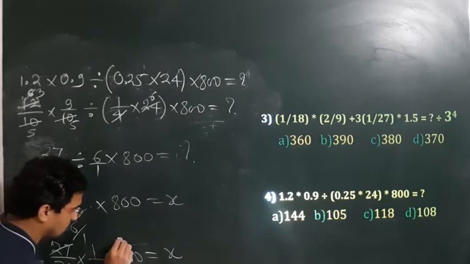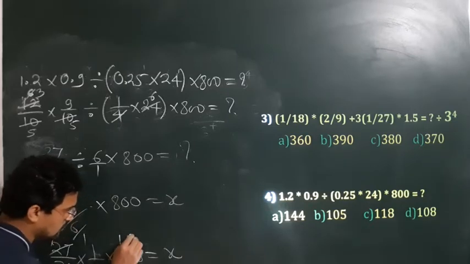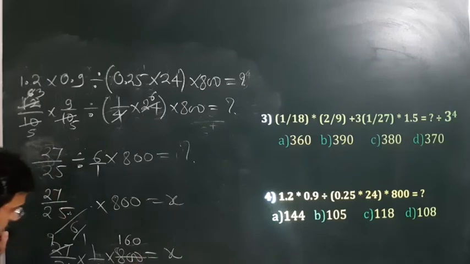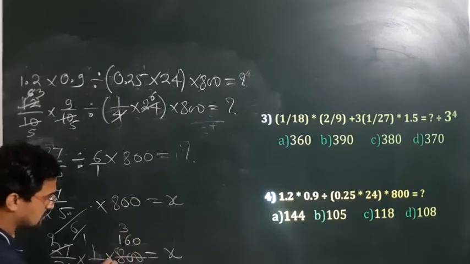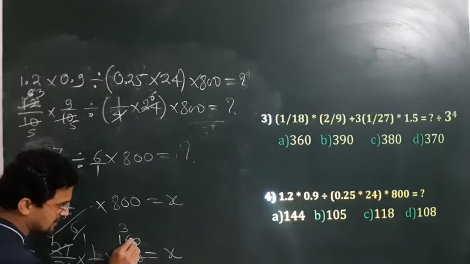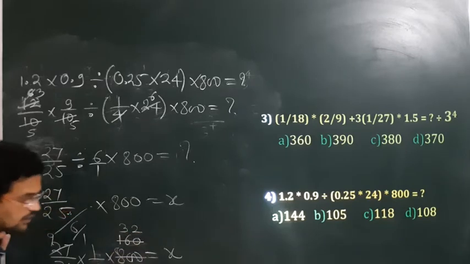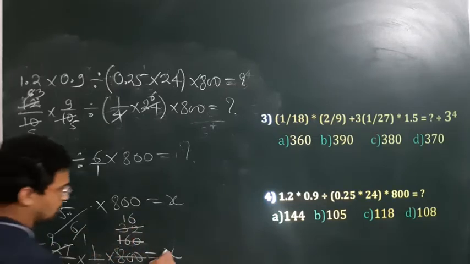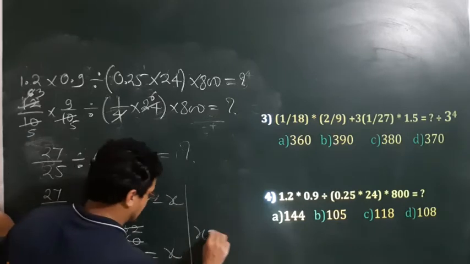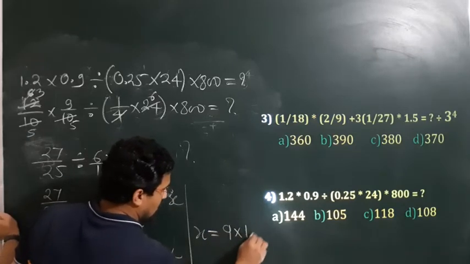And 5 1s are 5, 5 3s are 15, and 1 is remaining, and then still it can be divisible. 2 and 16. Now, the only thing left to multiply: therefore X is equal to 9 multiplied by 16.